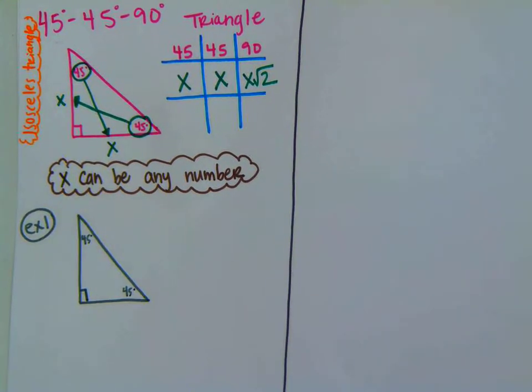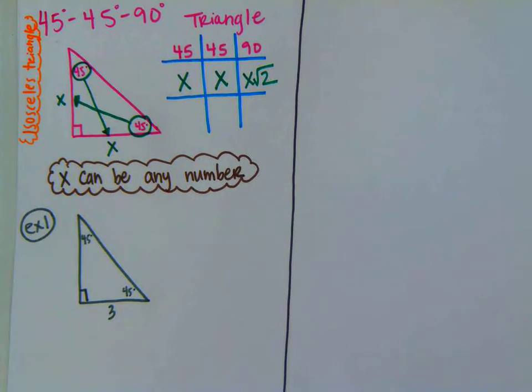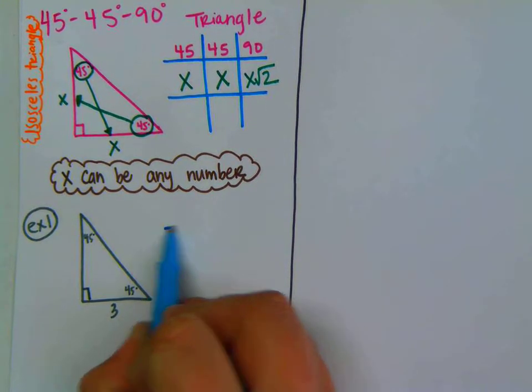Okay, so we have 45, 45, 90. And then we're given that value of a 3. Whenever you see a 45, 45, 90 triangle, your first thing is always going to be to draw that tic-tac-toe board. So we're going to draw it.